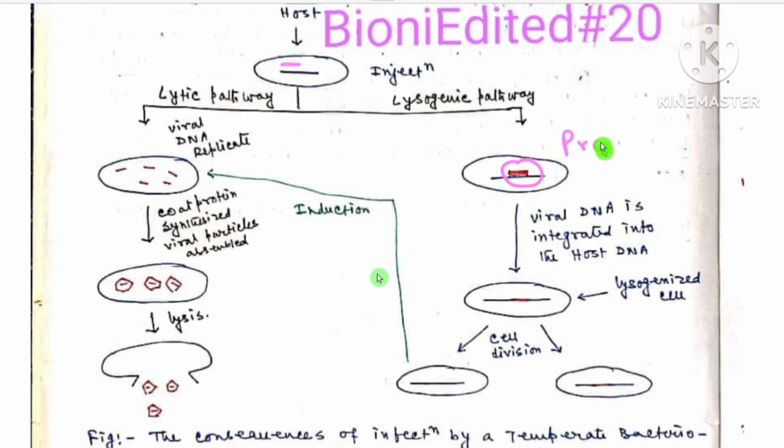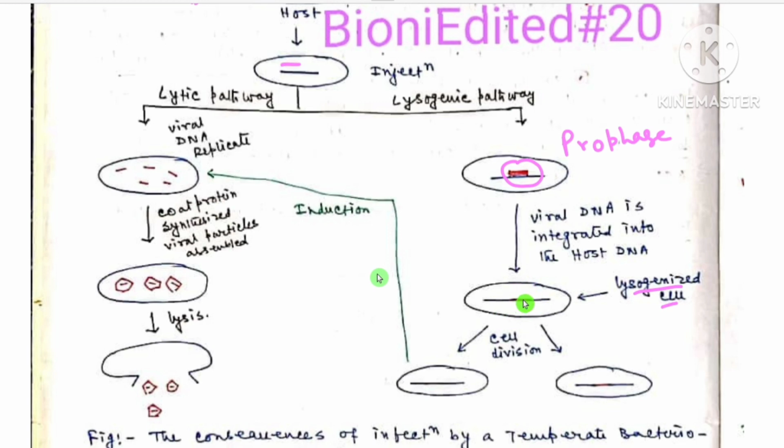When the bacteriophage DNA is incorporated into bacterial DNA, it forms a special genome known as prophage. The bacteria which contain a prophage are known as lysogenized cells, right?